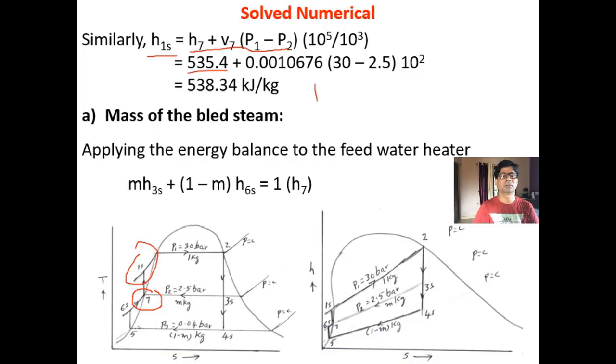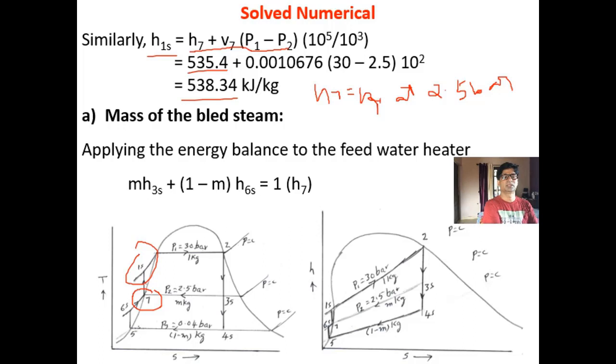So H7 is nothing but HF at 2.5 bar. Okay, so you'll get H7.